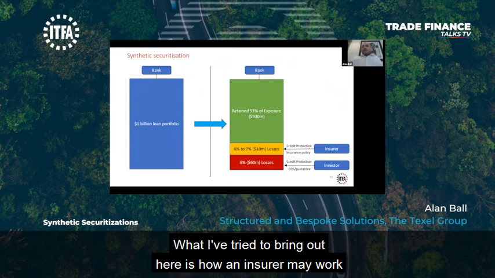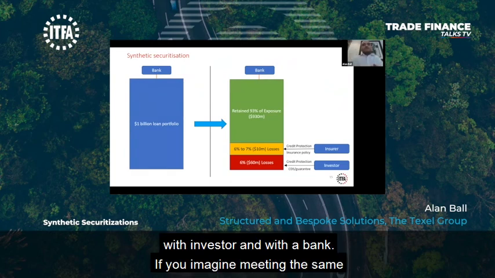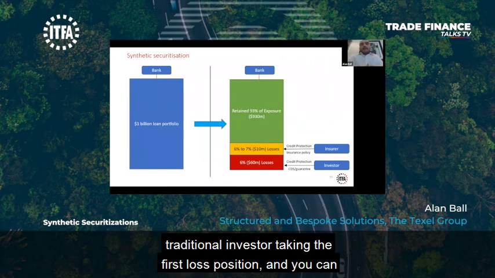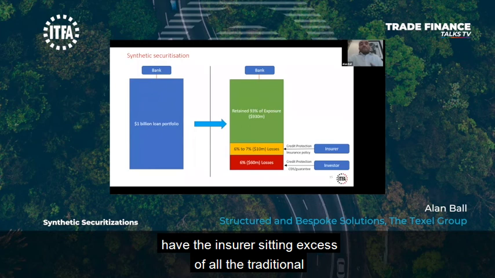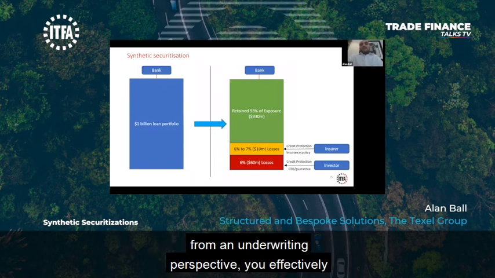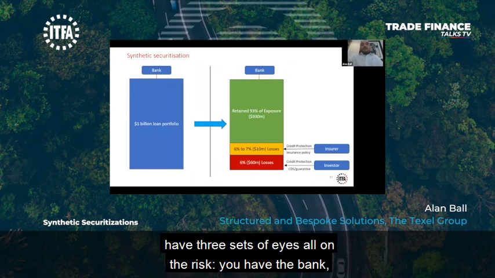What I've tried to bring out here is how an insurer may work with an investor and with a bank. If you imagine the same $1 billion loan portfolio, you could have the traditional investor taking the first loss position, and then you can have the insurer sitting excess of the traditional investor. And that's attractive for a number of reasons. From an underwriting perspective, you effectively have three sets of eyes on the risk.